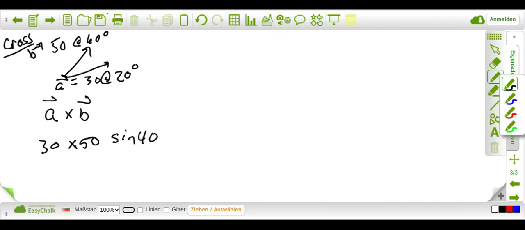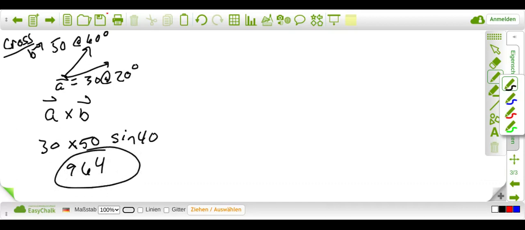And so 30 times 50 times the sine of 40 gives us 964. Okay, so that's going to be the cross product value.